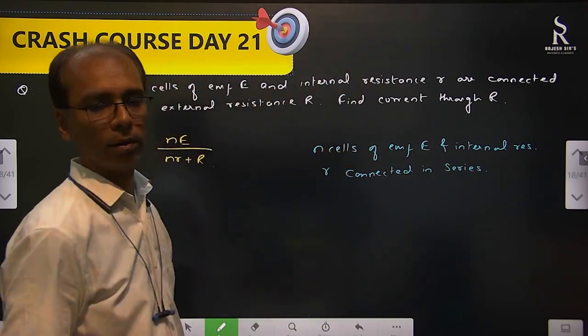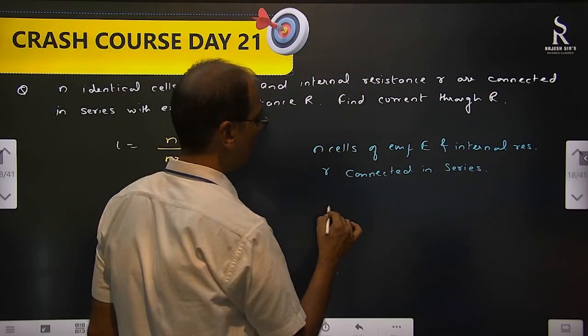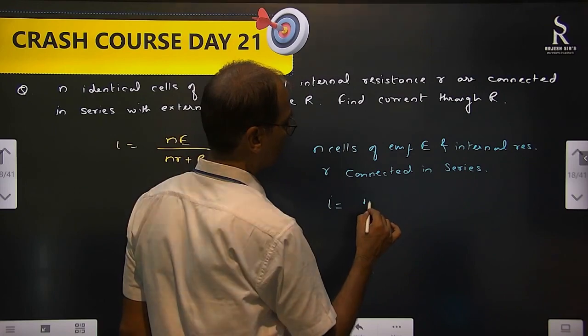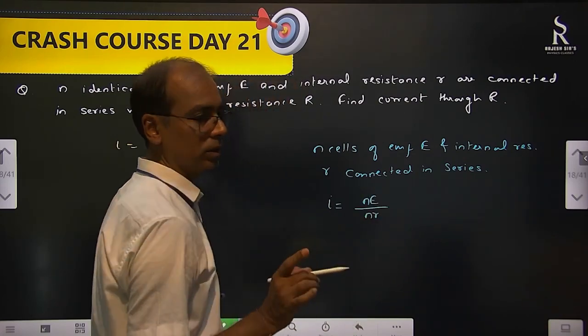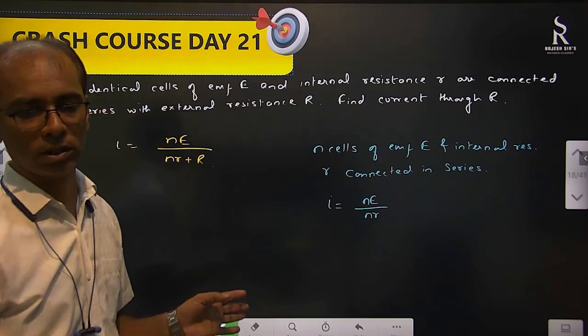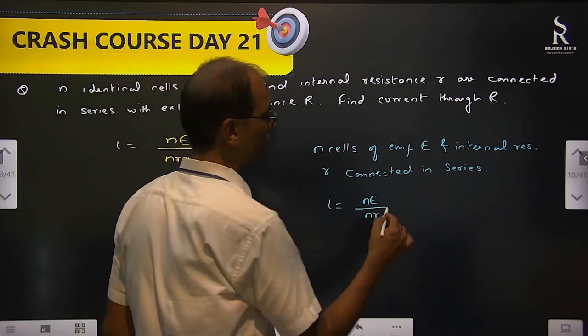Then what is the current? Current will be net EMF NE by net resistance Nr. Capital R is not there; external resistance I am not attaching here. So what is the current? E by r.